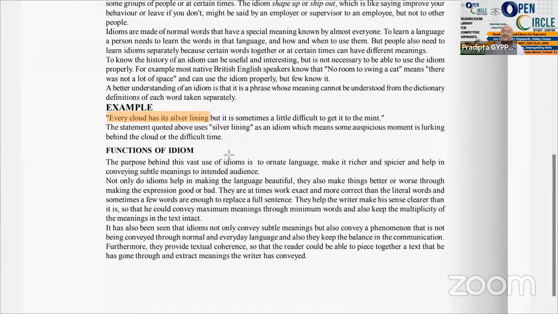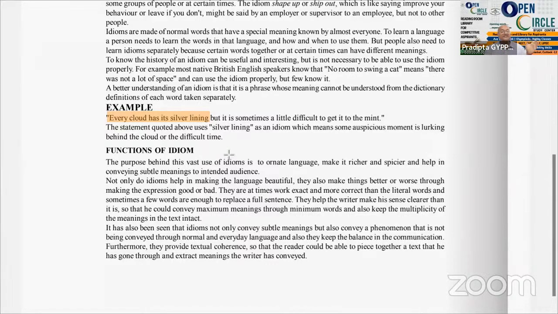The term silver lines may also refer to lightning, because lightnings look like streaks of silver. So it may be a dark cloud, it may be raining, but in that also there is light. So that means in every hopeless situation, there is a little hope. There is always a little hope, right? So this silver lining is an idiom which means a good moment, any good time, even in difficult times.